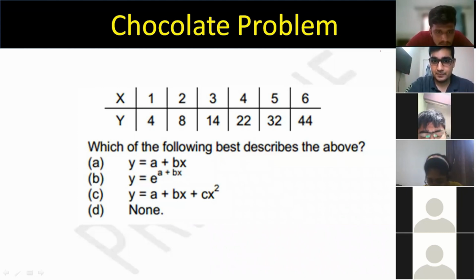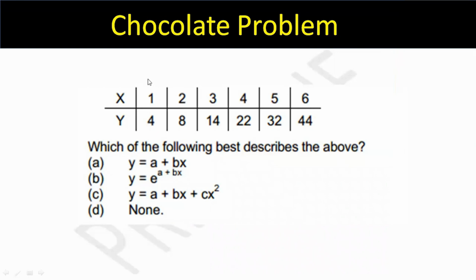And time up. Answer is C. But let's see. You're given some values of x and some values of y, right? Let us calculate the first derivative. How do we calculate first derivative? First derivative is nothing but delta y by delta x. Delta x is when you're moving from 1 to 2, delta x is 1.